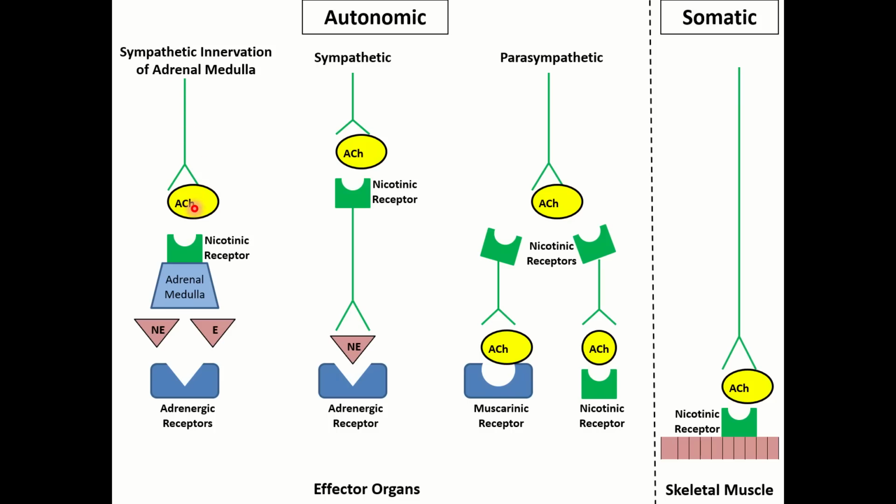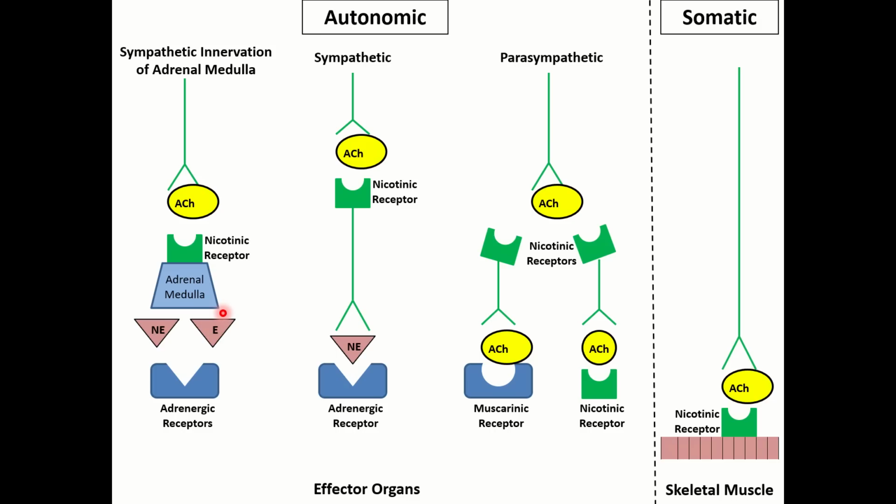I finalized this table by showing you what's happening with the adrenal medulla. Once again, recall this is a sympathetic preganglionic neuron, still releasing acetylcholine onto this always excitatory nicotinic receptor. And this, of course, is a receptor found within the adrenal medulla. One of the things that set the adrenal medulla apart from a postganglionic neuron was that it released both norepinephrine and epinephrine.